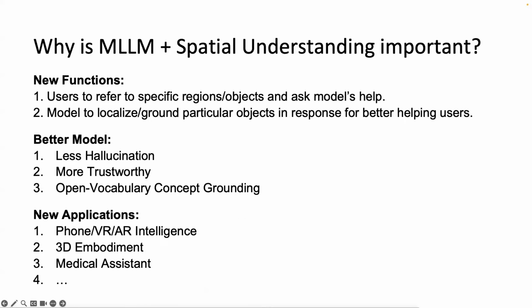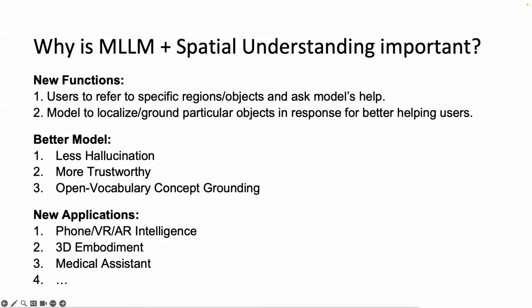First of all, I want to introduce why we think there is potential in combining spatial understanding with multimodal large language models. First, of course, it enables some new functions, right? Because the models can take regions as inputs, the user will be able to specify which regions or which objects they want, and ask the models for help.